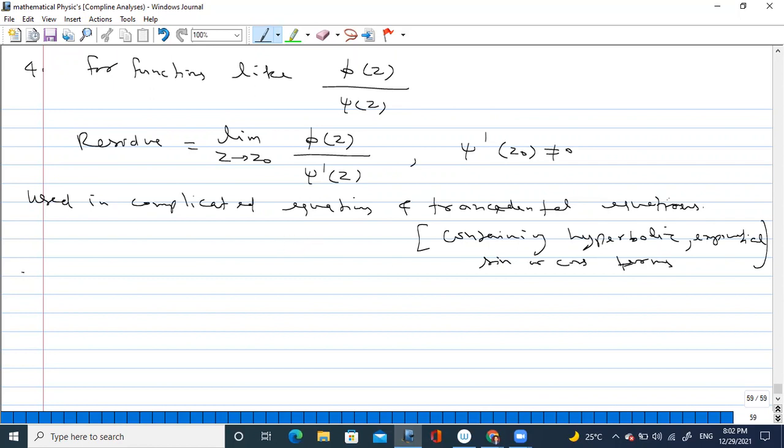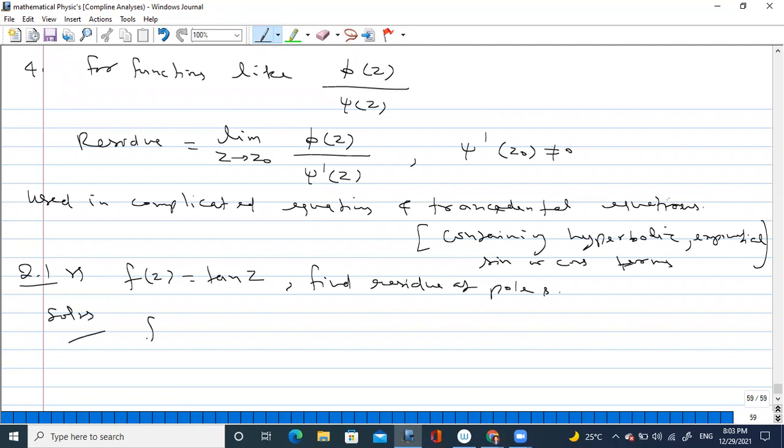Okay, we will take some example of that. Suppose question number 1, f z is given as tan z. Find residue at poles. This function f z, tan z, is very difficult to work with directly, so I will convert it into sin z divided by cos z.